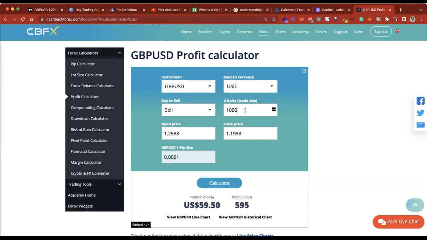So in between 1,000 and 10,000 is where most of us are going to start, which is totally fine. So you're making in between $59 per trade and $595 per trade. It just depends on what your amount is. So it's cool. That's where we're going to be at. And then later on, we'll work our way all the way up.